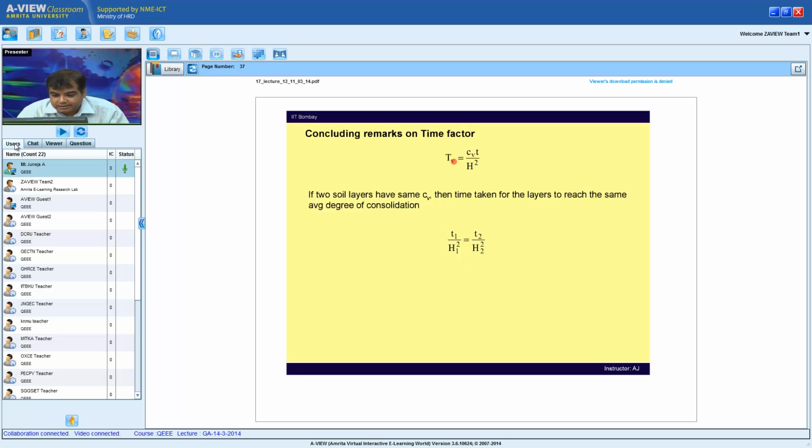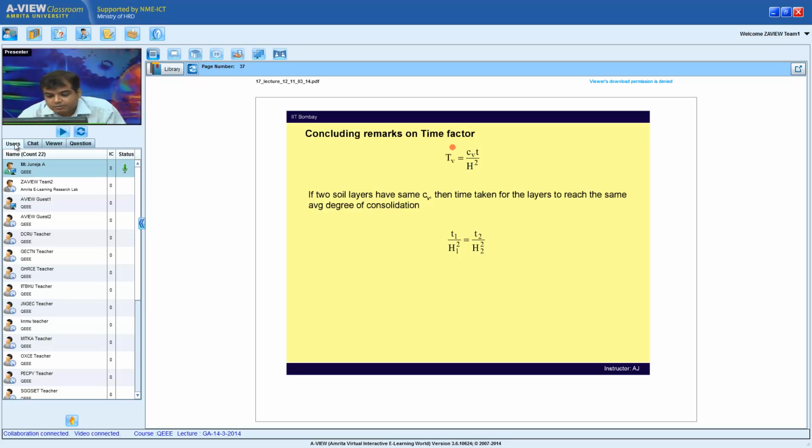In case I'm looking at the same TV value for two different clay layers, meaning I take a laboratory sample, a 20 millimeter thick laboratory sample, and I say this laboratory sample has reached 90% consolidation.